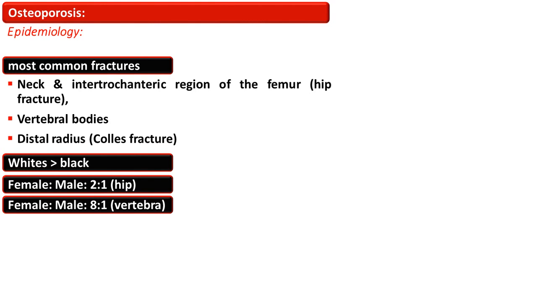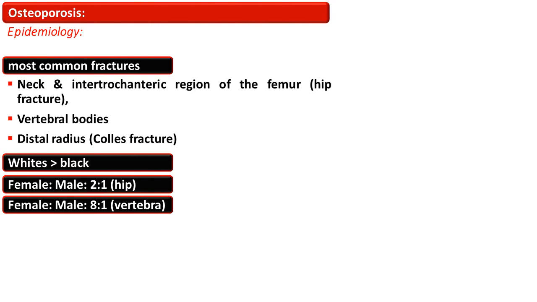Whites are more commonly affected than blacks. The female to male ratio is 2:1 for hip fractures, and it increases to 8:1 for vertebral body fractures.